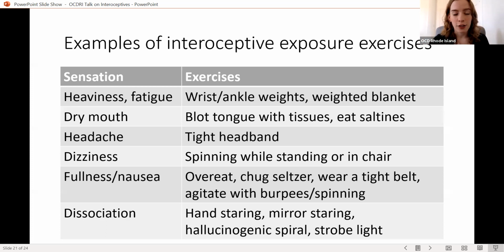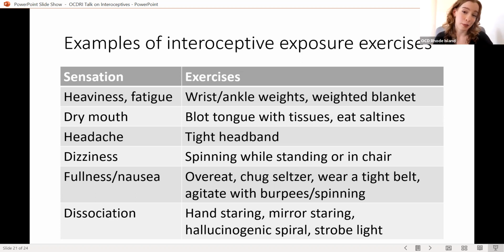You can look very closely into a mirror at your own face. You can watch one of those black and white spiral videos on YouTube that's designed to give temporary visual hallucinations, or look at a strobe light or another unusual visual pattern. These all bring on transient feelings of dissociation.